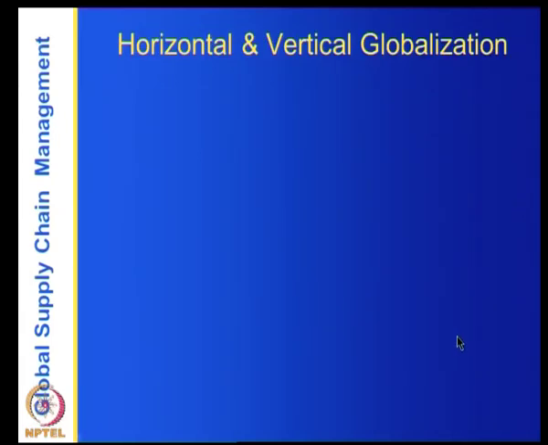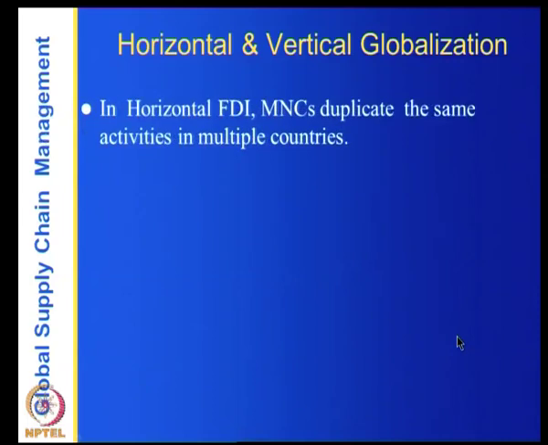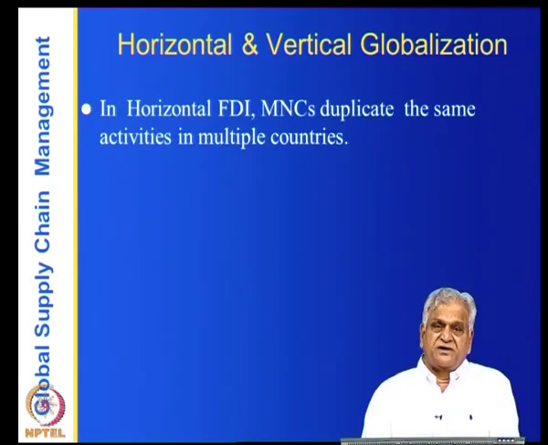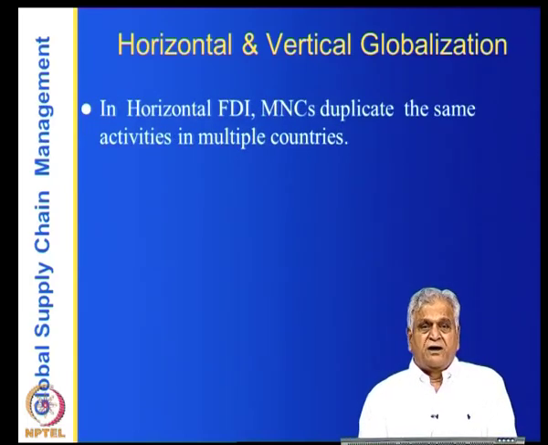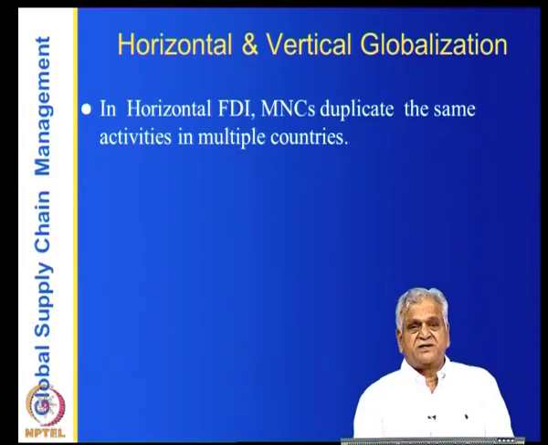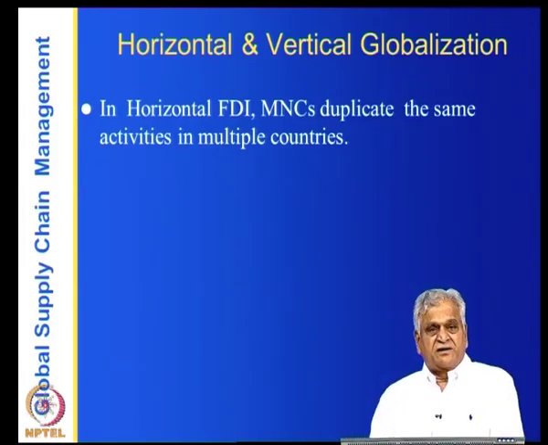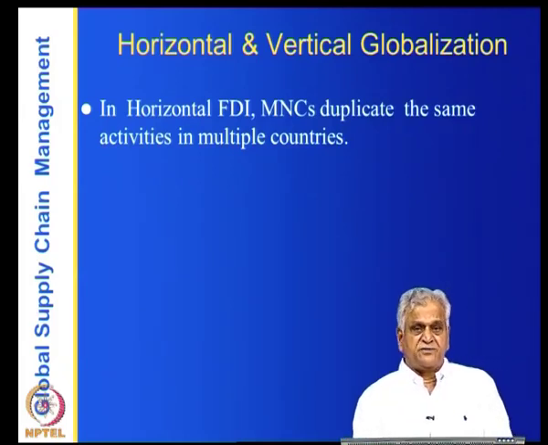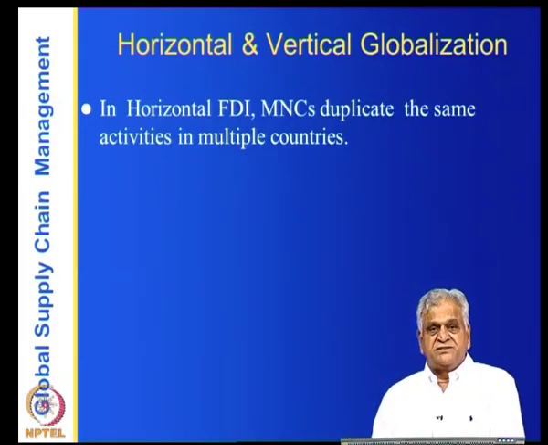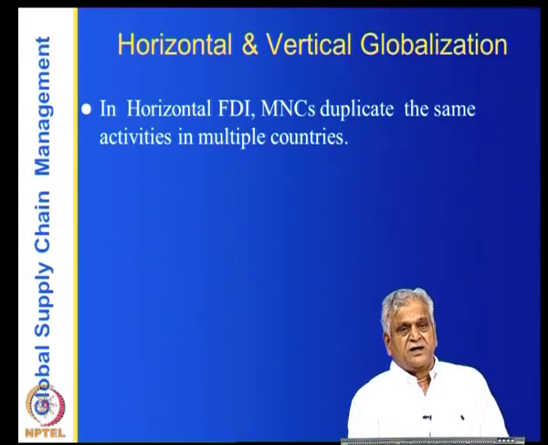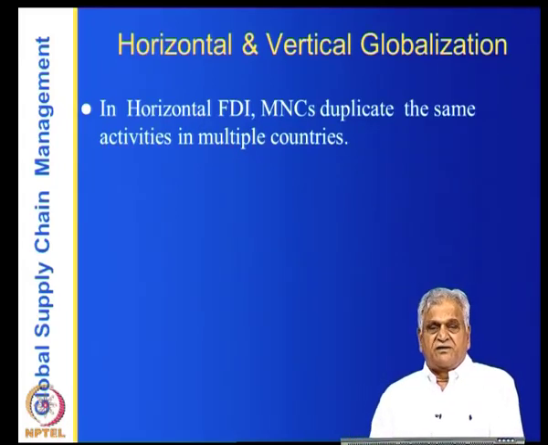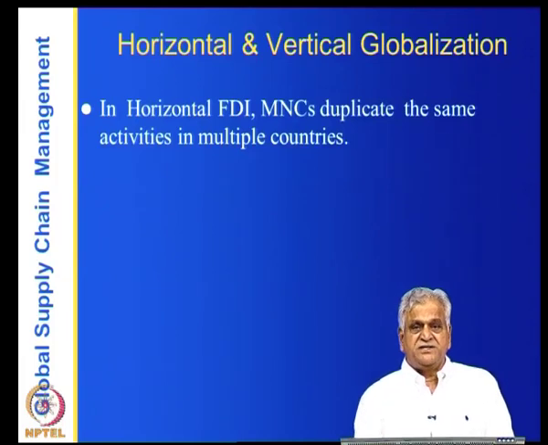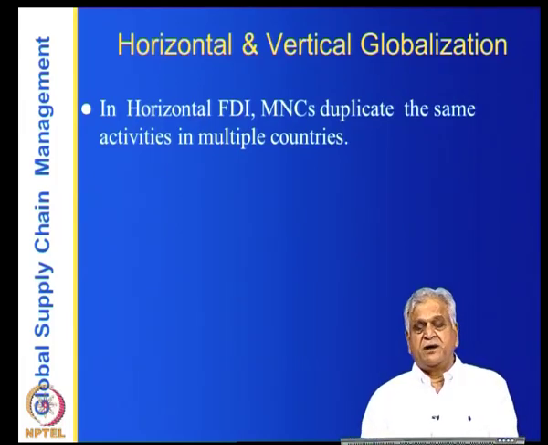So if you look at global supply chains, there are two kinds of globalization. One is what we call horizontal foreign direct investment. FDI means foreign direct investment. MNC means multinational companies. So in a horizontal foreign direct investment, MNCs duplicate the same activities in multiple countries.